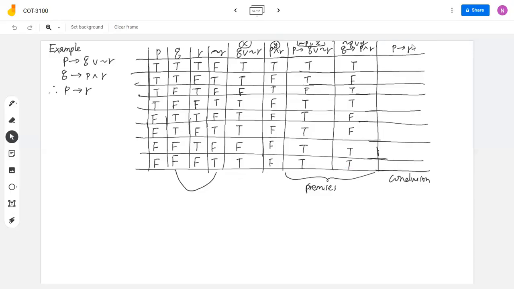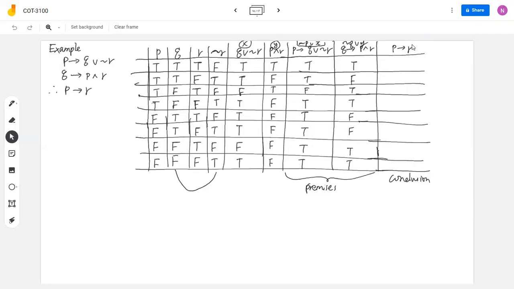Okay, now we come to the place of finding the critical rows. Remember, the premises are just the second last and the third last columns. We only need to verify that both of these 2 columns have truth value true.